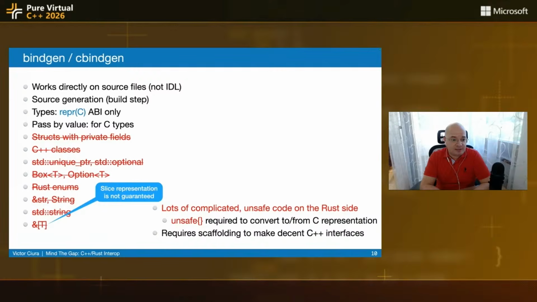You can't use standard string or string slices, or slices in general from Rust, because slice representation is not guaranteed. So this leads to potentially lots of complicated, unsafe code on the Rust side, with some unsafe bits required here and there. And of course, you need to convert to and from this C representation if you actually have your code in C++. So it requires some scaffolding to make decent C++ interfaces.